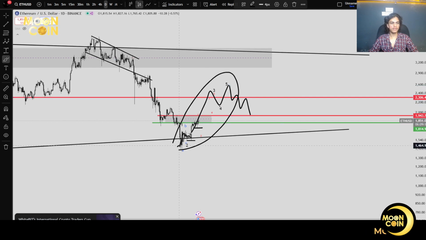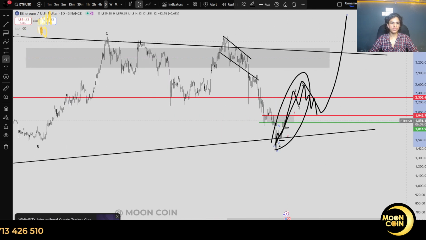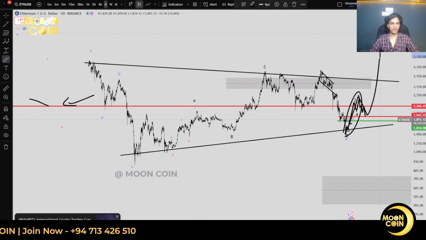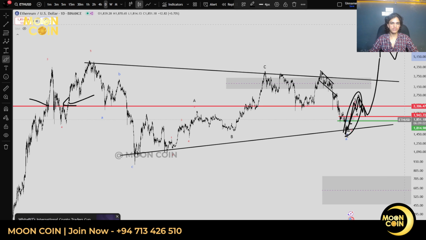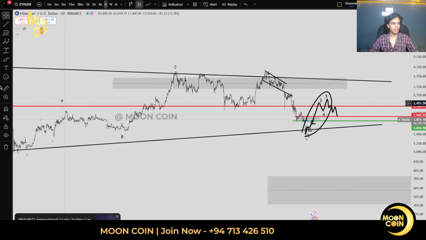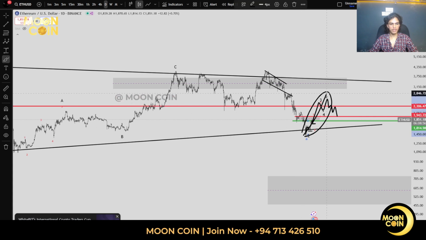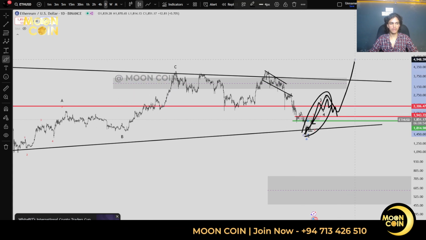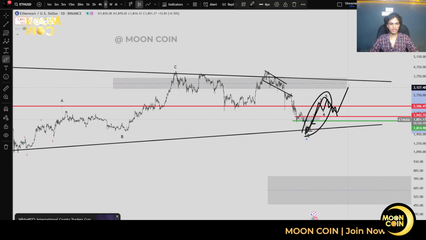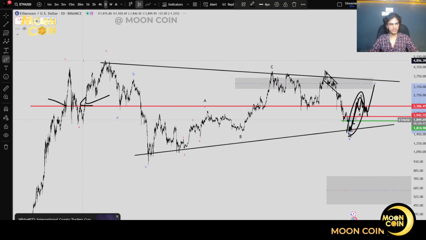Then we have the third wave, which is the longest wave. It can be extended, or else it can be a short one. It can happen like this also. It can be a B, C also, and we can have a drop. A, B, C. You can test this resistance here.